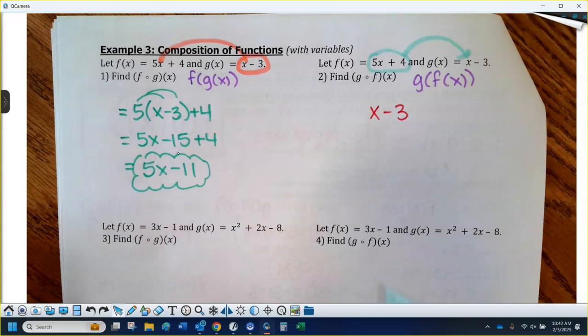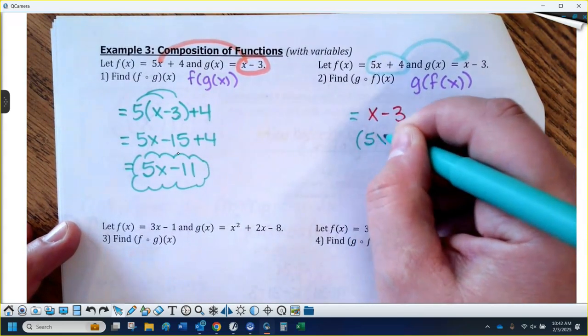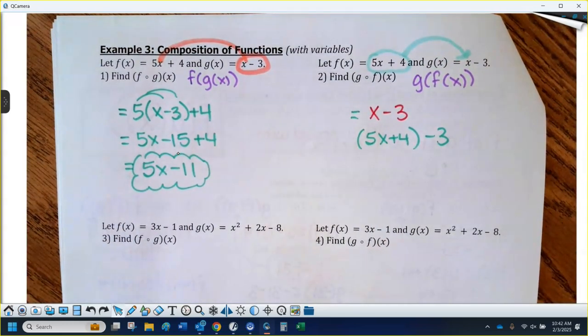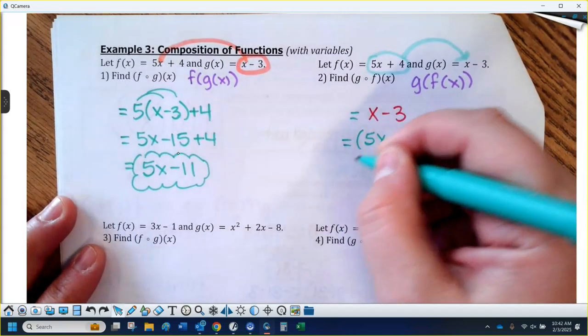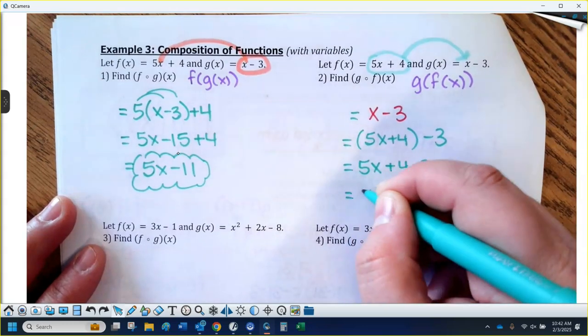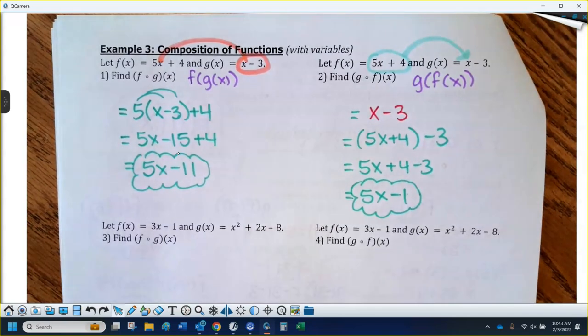What I'm doing is replacing x with the 5x plus 4, and then we still have the minus 3. In this situation, the x doesn't have anything in front of it, so there's really nothing to distribute. So I can combine like terms. This would be 5x plus 4 minus 3, so it would be 5x minus 1. So it's just a little bit different when I go a different direction. But you're just replacing that entire expression in for x.